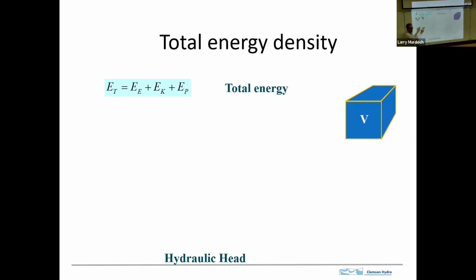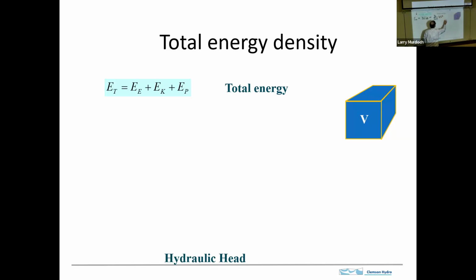Gamma times volume times elevation, Z. Let's just do this as energy total. And then the kinetic energy that we got at the end has gamma in it, gamma over 2g, and there's a volume in there, times velocity squared.